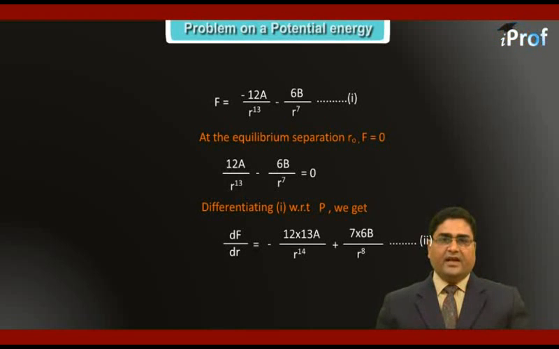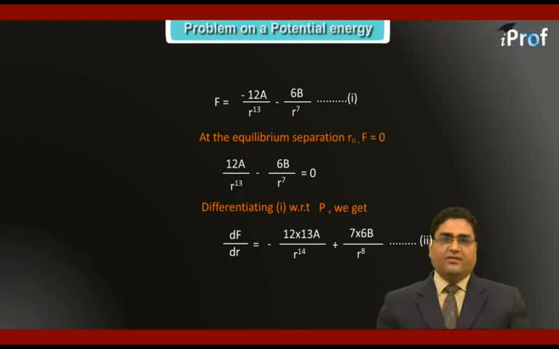Since dF upon dR is negative, when R is less than R0, F is positive, so the force is repulsive in nature, and when R is more than R0, force is negative, so the nature of force is attractive.